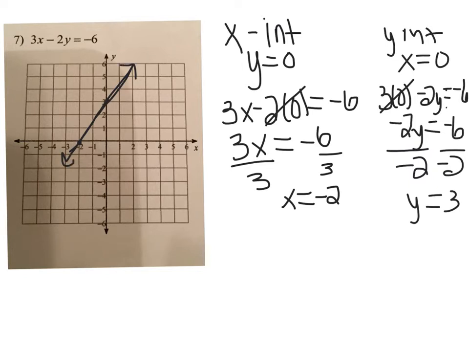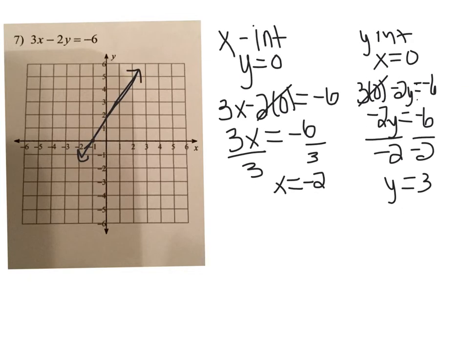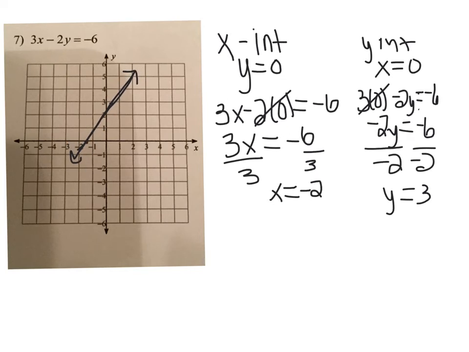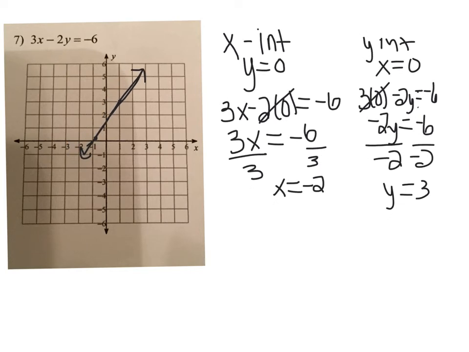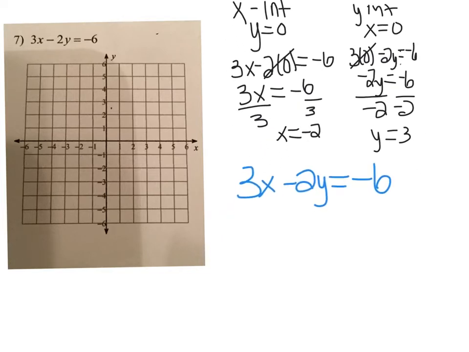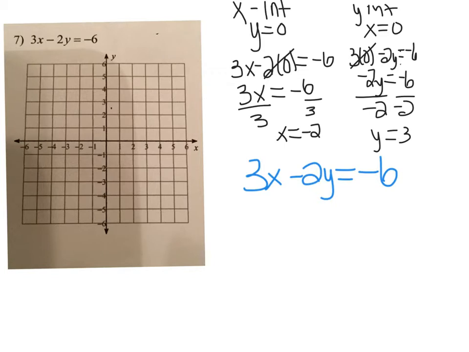Okay, let's double check this by changing it into slope-intercept form. Let's convert this. So 3x minus 2y equals negative 6. So I want to solve for y.